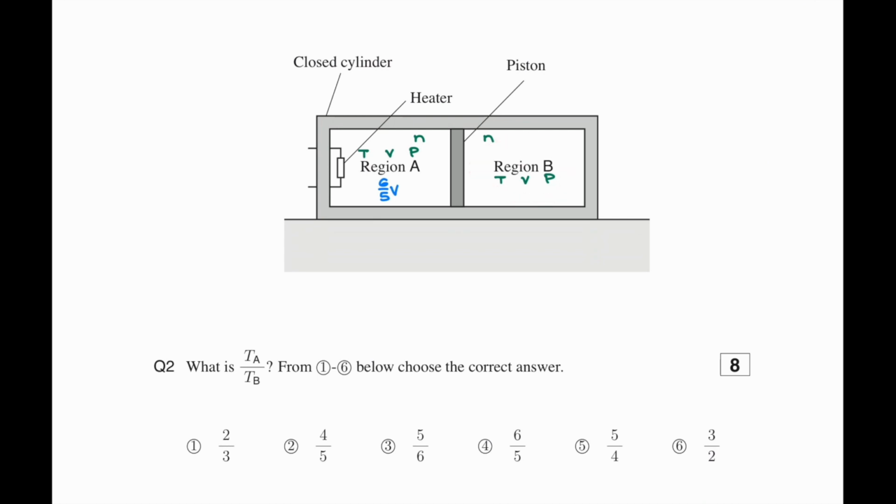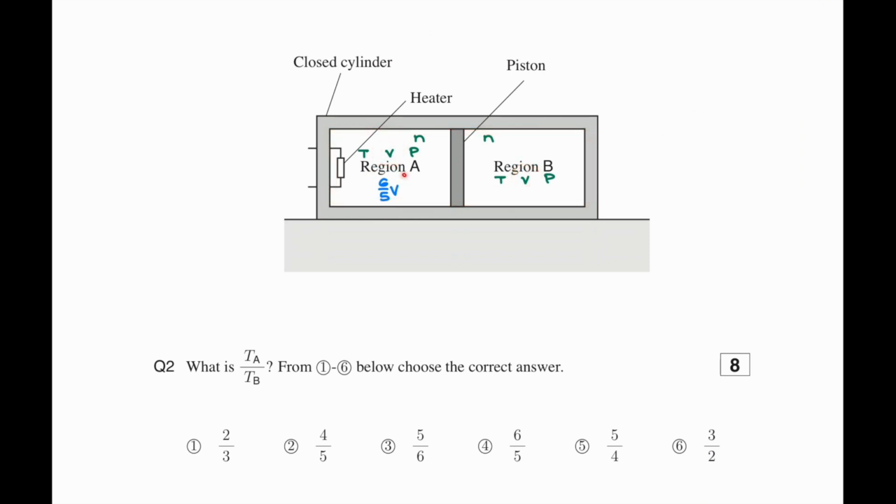The volume increased tells us that the piston has moved to the right. Since the piston has moved to the right, that means the volume of B is decreased. You can see that the total volume of this whole space is 2V.